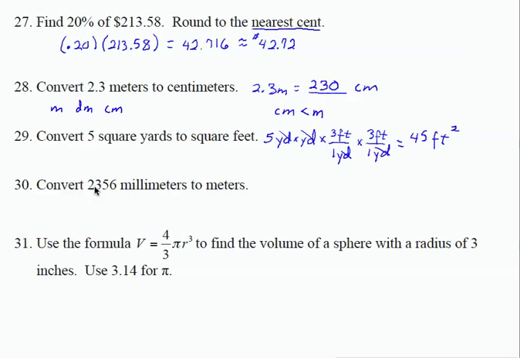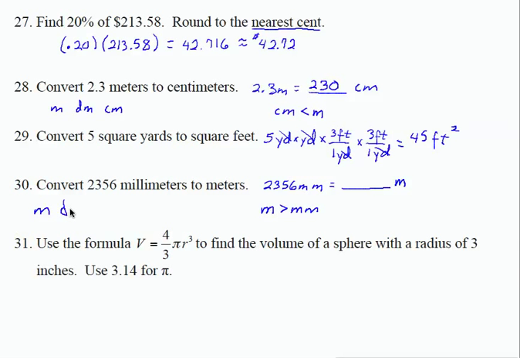I'm going to convert 2,356 millimeters to meters in problem 30. So I'm going to write 2,356 millimeters equals how many meters? Now the unit that I want, which is meters, is larger than the unit that I start with, millimeters, and it's larger by 3 places in the measurement table.